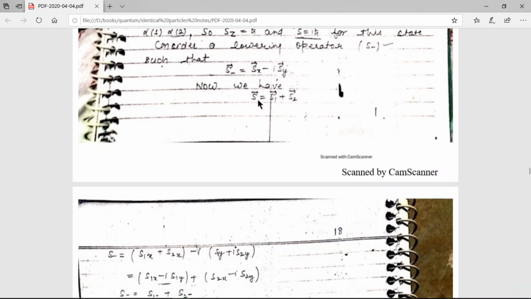We know that the lowering operator is given by Sx minus iota Sy. So putting the value of S here, we get S minus equal to S1x plus S2x minus iota S1y plus iota S2y.